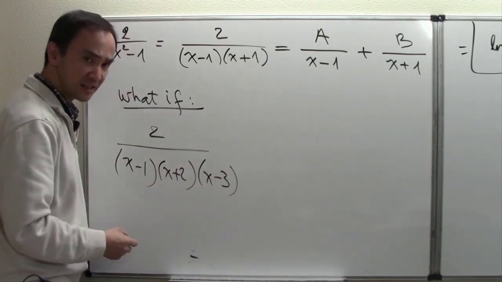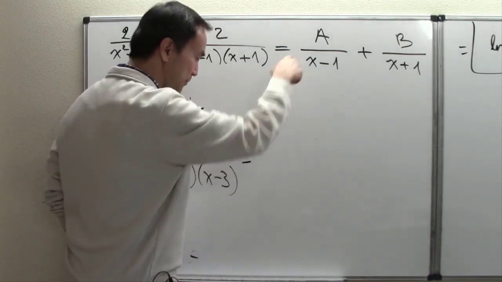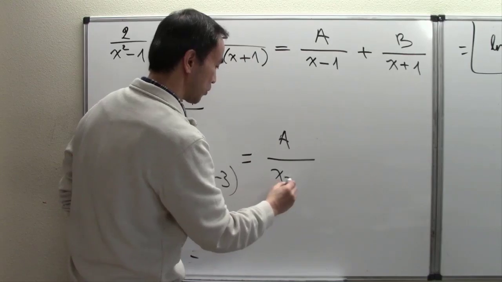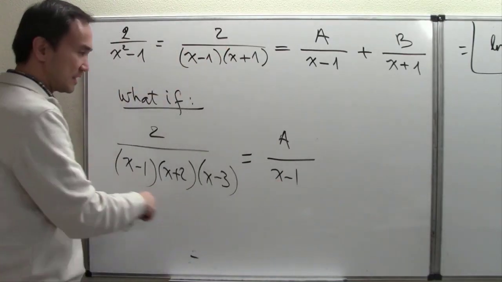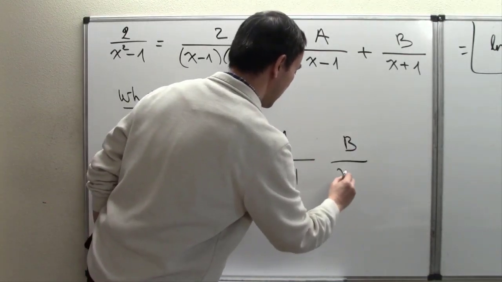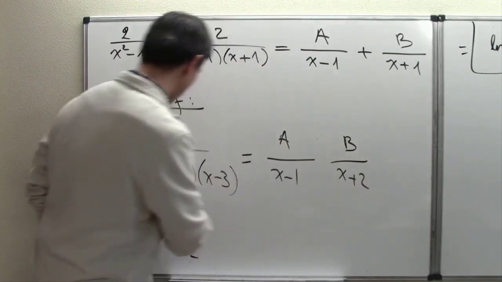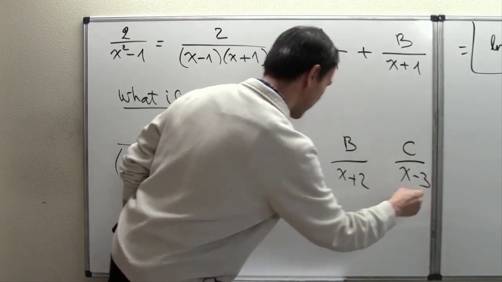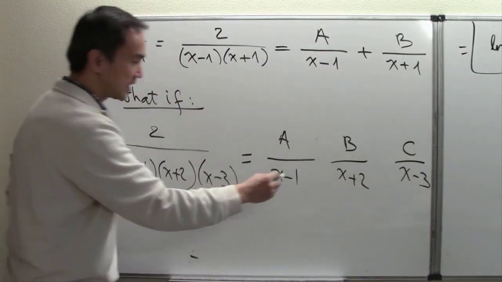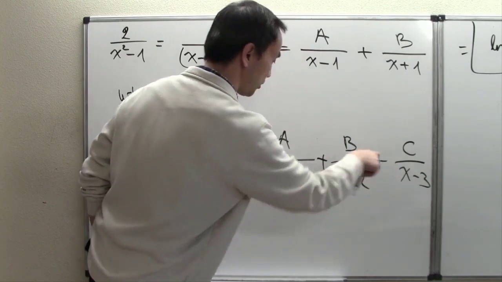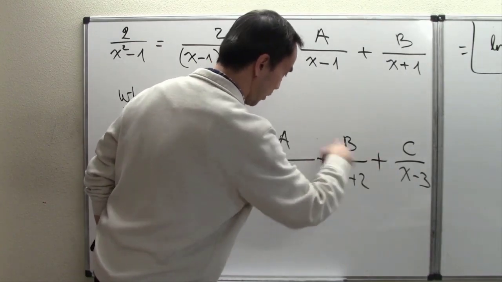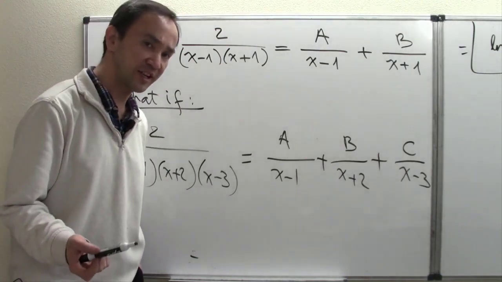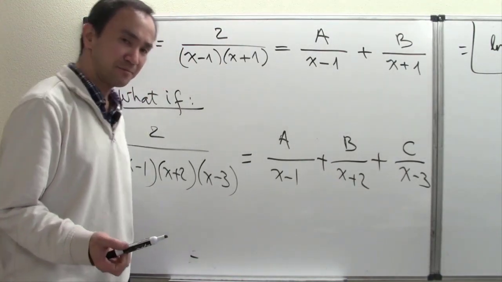With 3 distinct linear factors, your starting point is to set up 3 partial fractions: a over x minus 1, corresponding to that; a b over x plus 2, corresponding to this; and a c over x minus 3, corresponding with that. Then at your starting point, it's a sum of all these 3 partial fractions. That's how we're doing it. I hope you guys are getting the idea.